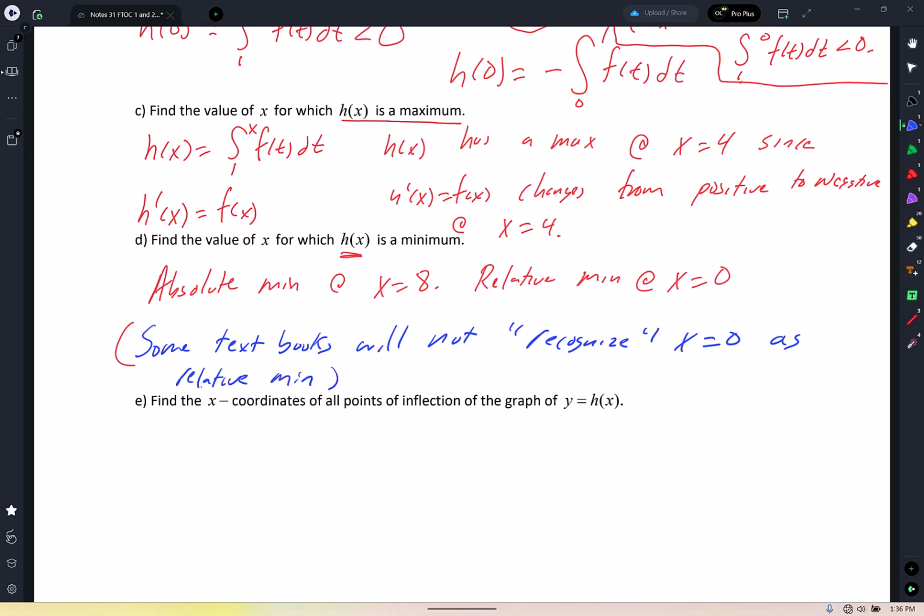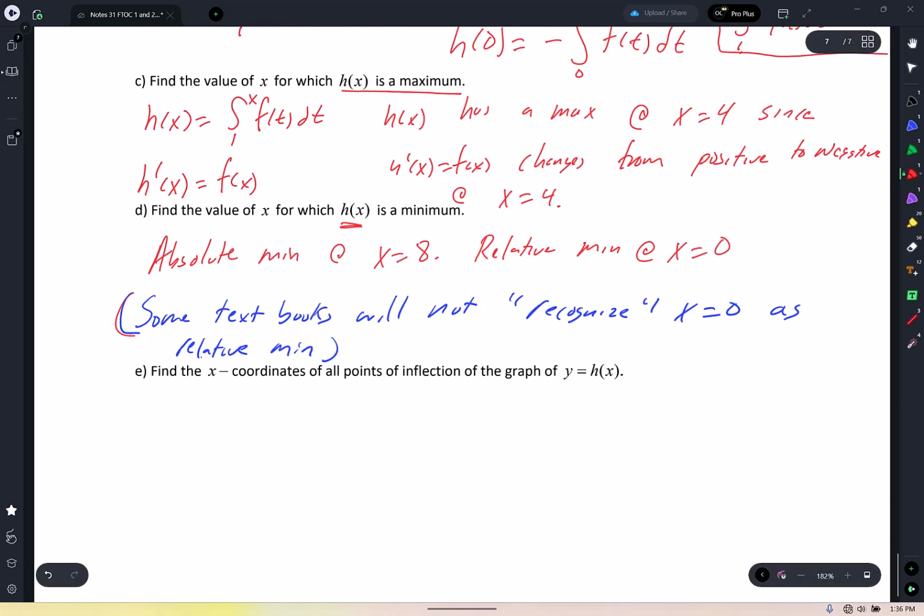Ours does. I want to say most professors will say yes to this, but depending on who you ask, depending on what textbook you have, they don't consider endpoints for relative. They only consider endpoints for max, absolute max, and min. Okay, that's why I didn't want to talk about it.